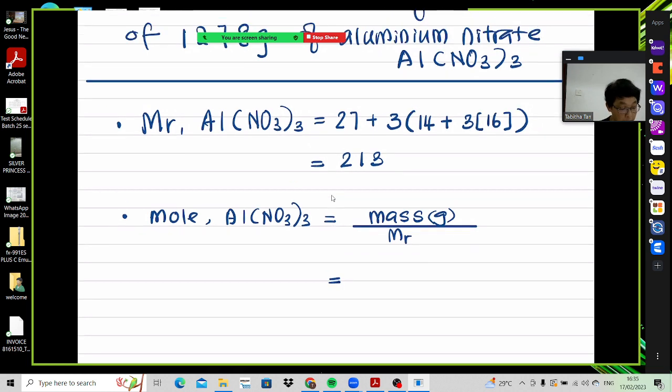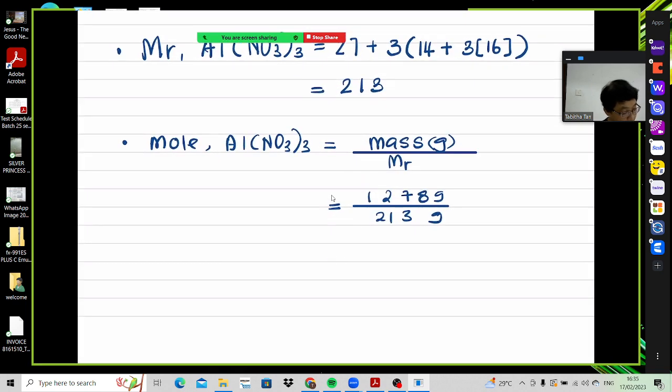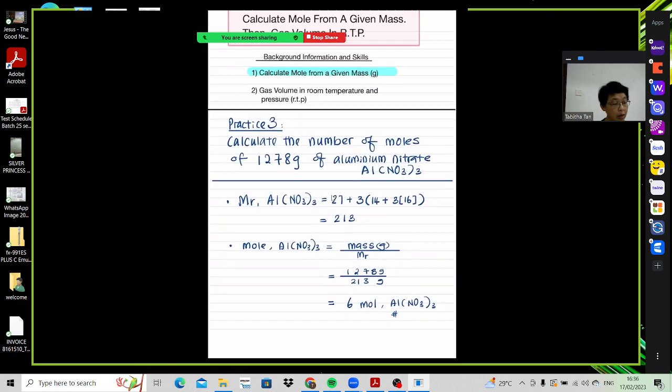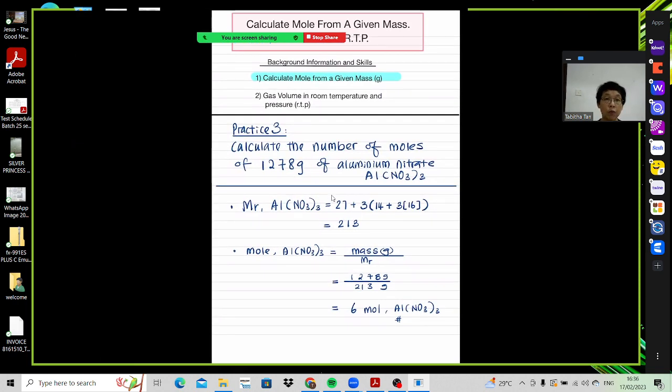So the mass, how much was it? 1278, and then divided by, how much was it? 213. All right, so I'm going to get the calculator. 1278 divided by 213. What does that give us? That is 6 moles. So that was 6 moles of aluminium nitrate. There you go. So here is another successful case, right? That is the basic skill for calculating moles from a given mass.